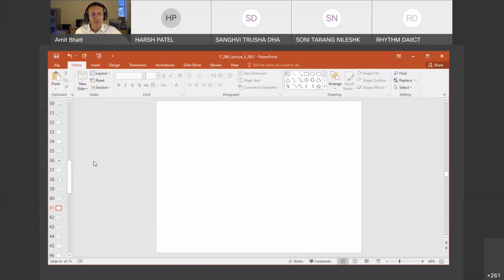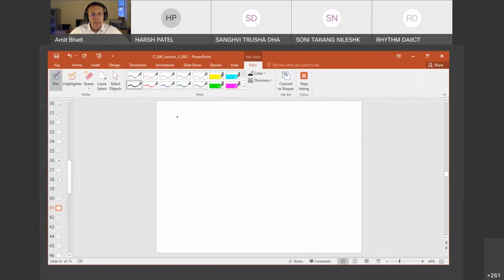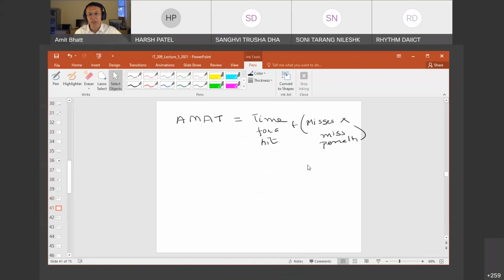The formula is that average memory access time is equal to time for a hit plus misses into miss penalty, or miss rate into miss penalty, whatever you want to say.